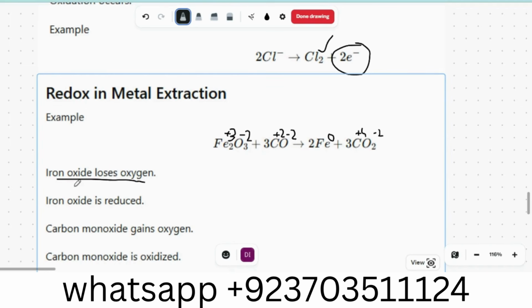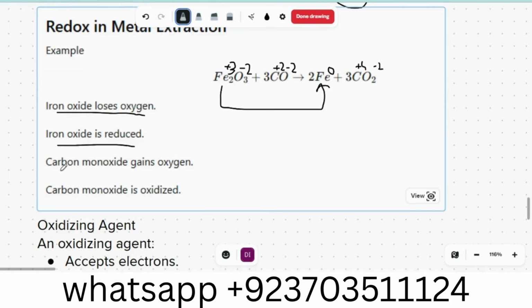Iron oxide loses oxygen, so iron has been reduced, and you can also see that iron gains electrons from plus 3 to 0. Carbon monoxide gains oxygen, so CO becomes CO2, so that has been oxidized.